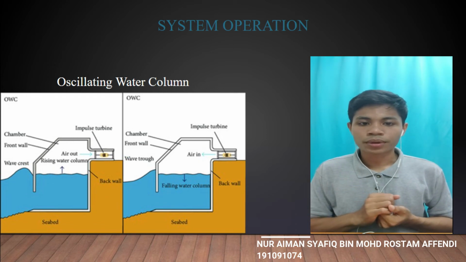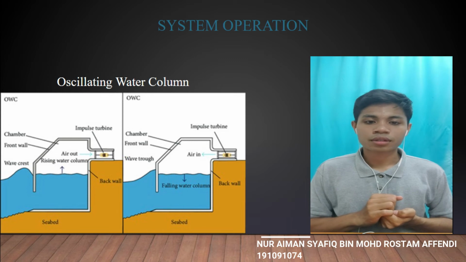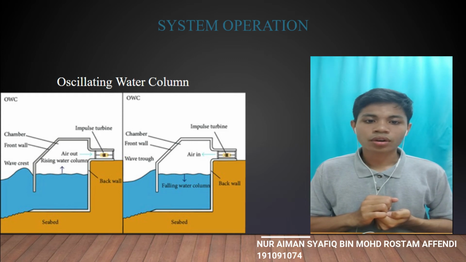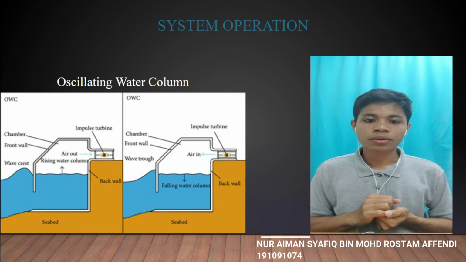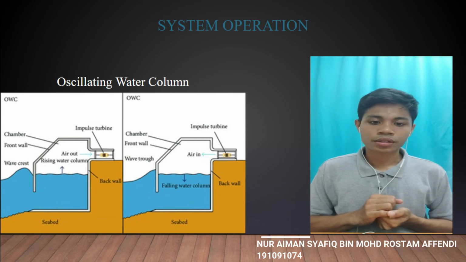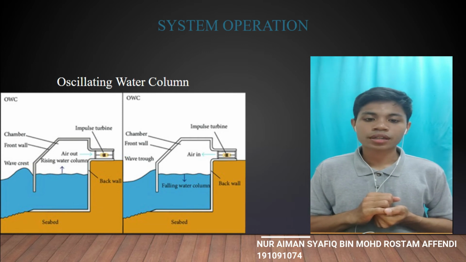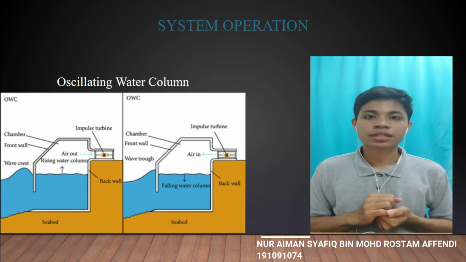The air is decompressed when the water recedes, which causes the turbine to turn again. The turbine never comes into touch with the seawater, only the flowing air generates electricity. This feature extends the equipment's life significantly.